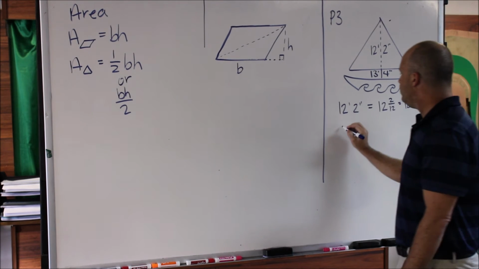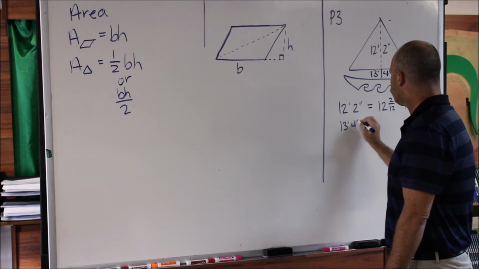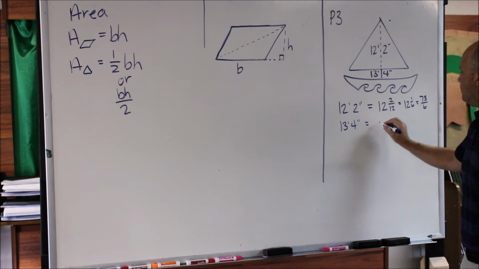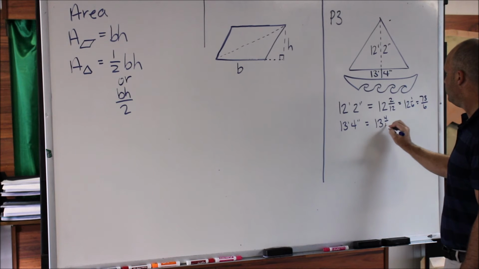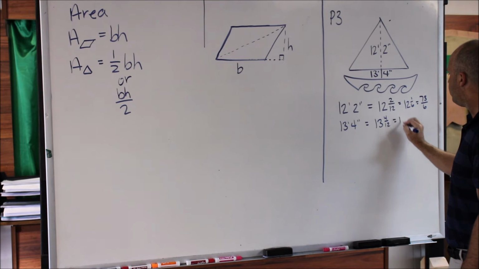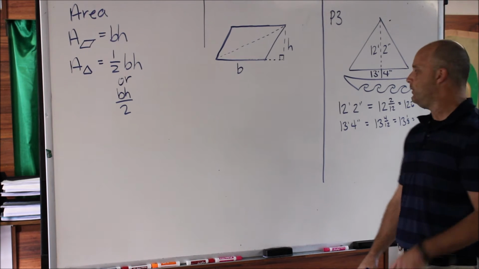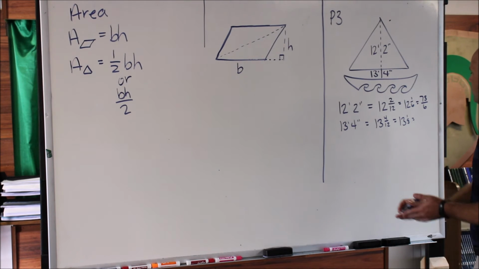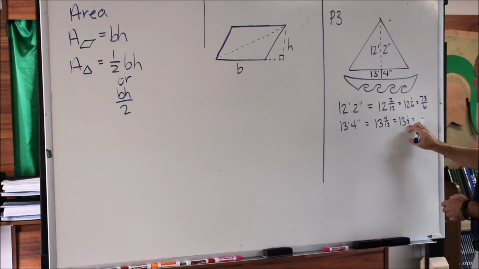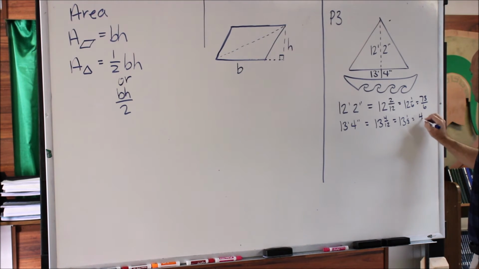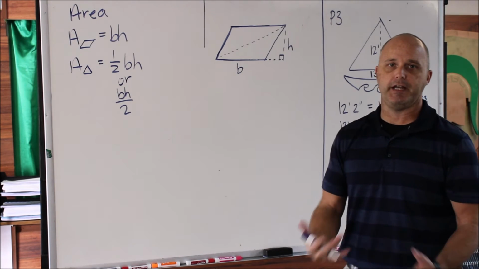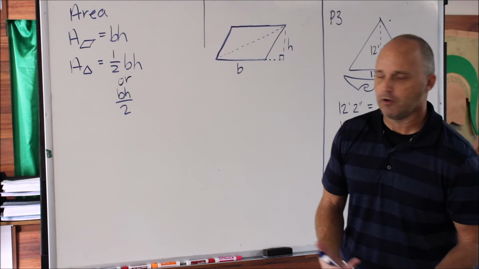Then 13 feet 4 inches is equal to 13 and 4/12, or 13 and 1/3, or instead of using a mixed number, we can convert this over to an improper fraction. This is going to be 40 over 3. Okay, so now I've got the information I need in order to be able to solve this.